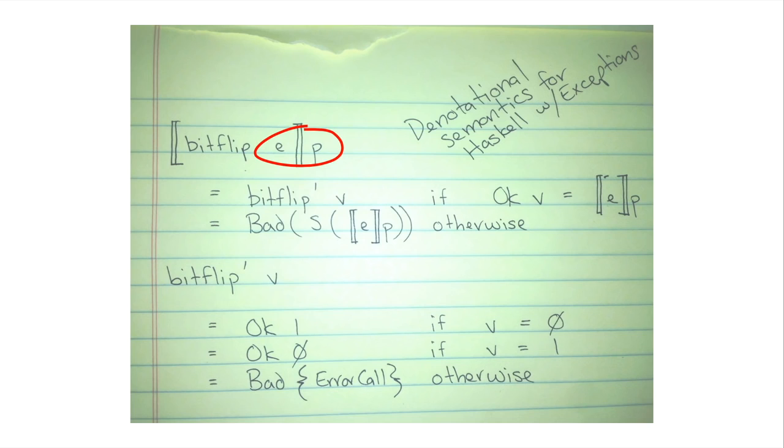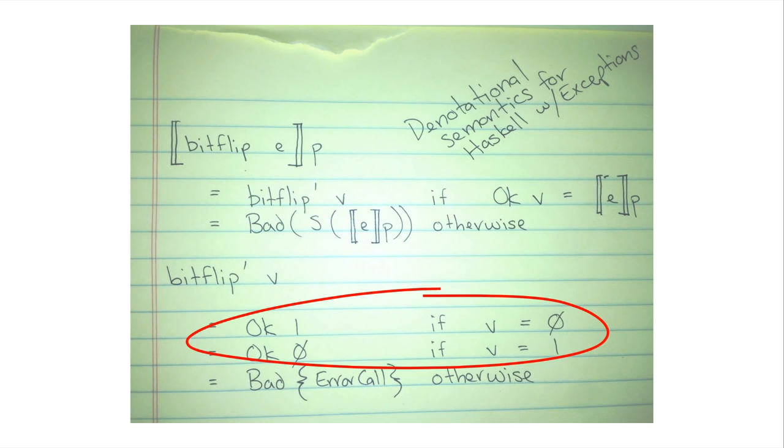Okay, so this notation is just stolen from the paper, A Semantics for Imprecise Exceptions in Haskell. My bitflip function, I'm just going to walk you through it. So bitflip applied to an expression E in some environment ρ. If that E is not an exceptional value, so I've got this OK to represent a normal value, I'm going to call bitflip', which is an auxiliary function that actually does the stuff that you saw in my Haskell program.